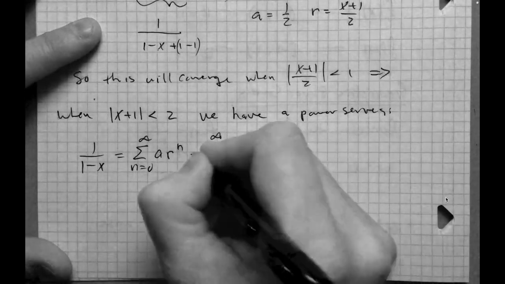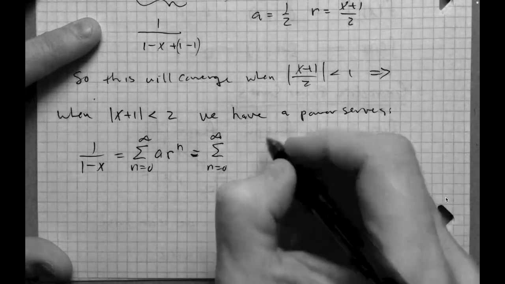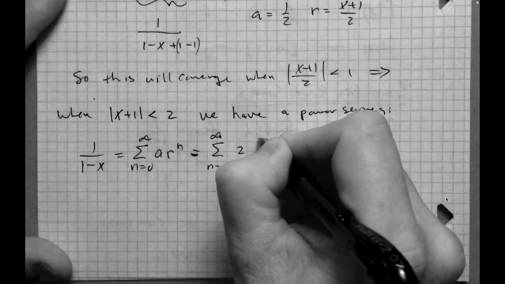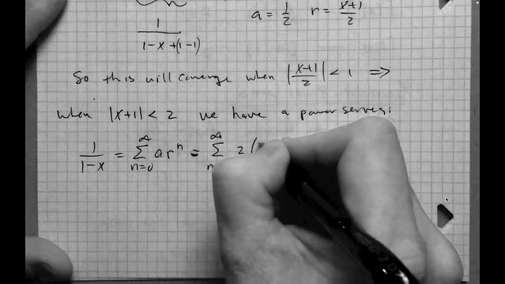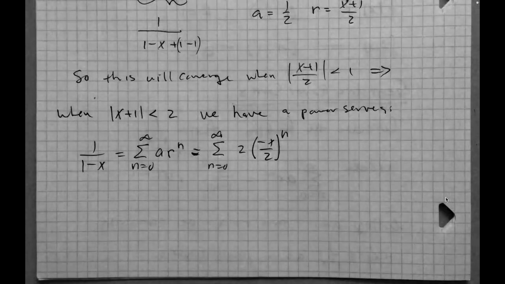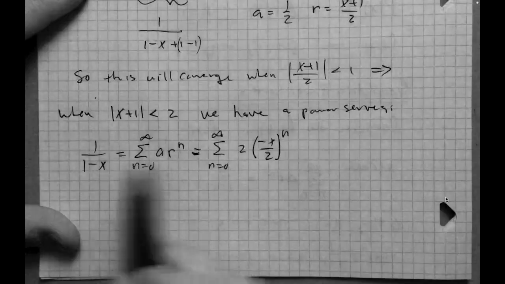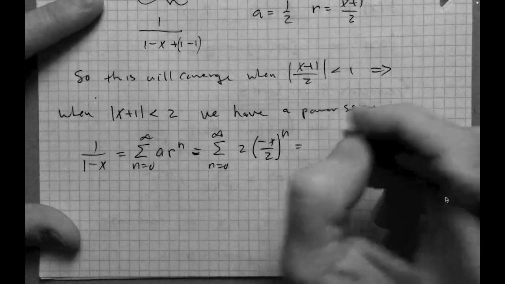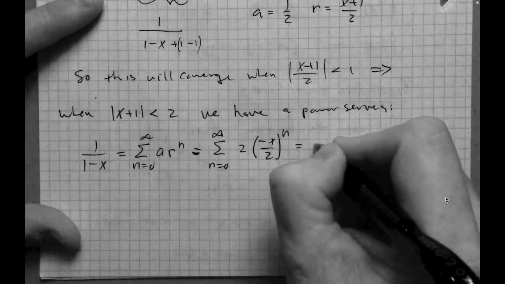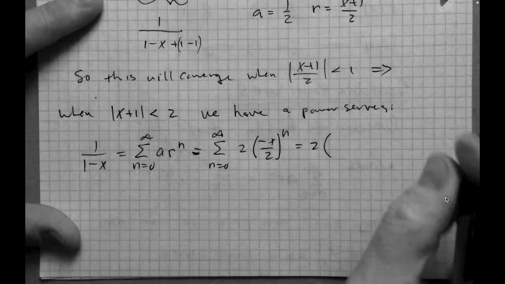Yeah, so I'm going to write it like this: 2 times negative x over 2 to the nth power. Okay, and so that's going to be our power series, and so we could expand this out, and you'd see that this is 2 times, let's see here.